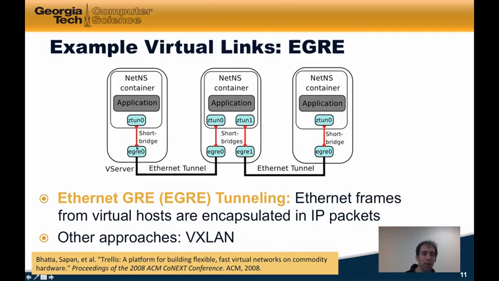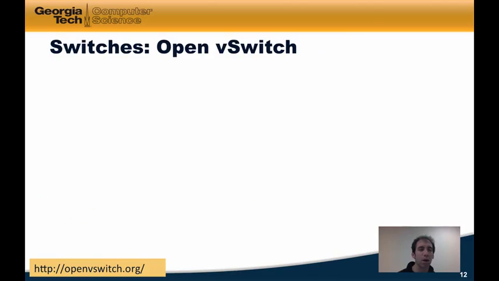The Trellis architecture shown here devised something called a shortbridge, which was essentially a fast mechanism for taking Ethernet frames inside a virtual machine and passing them to the physical interface on the node that was hosting that virtual machine. But since this architecture was proposed, there have been other technologies to do this.